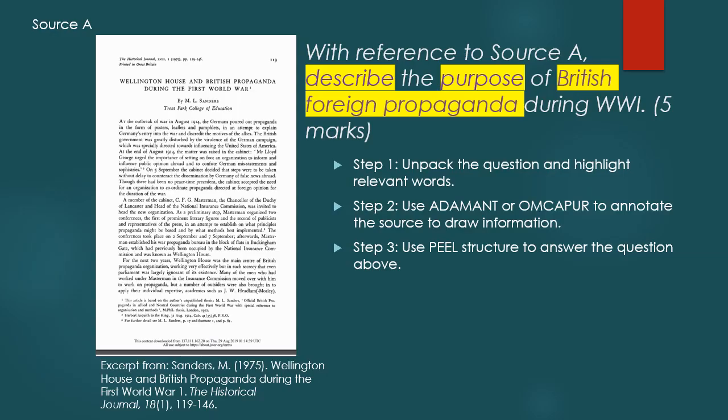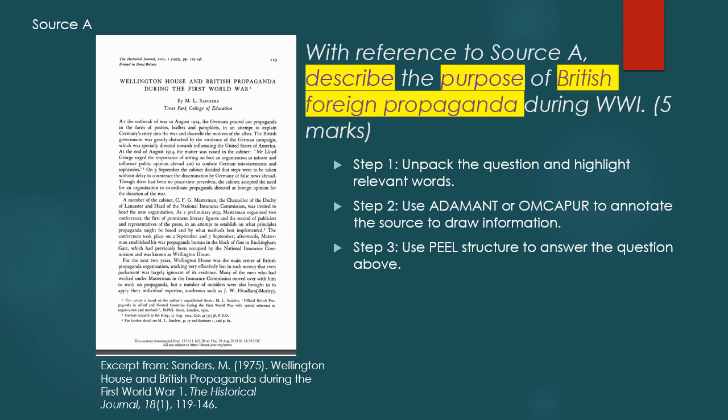Here is an example of a question that you might get. It's a 5-mark question, so you'd be expected to write about a paragraph using the PEEL structure, and here's how you would go about doing it. Step 1, read the source.